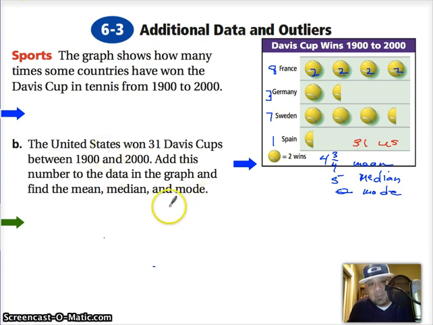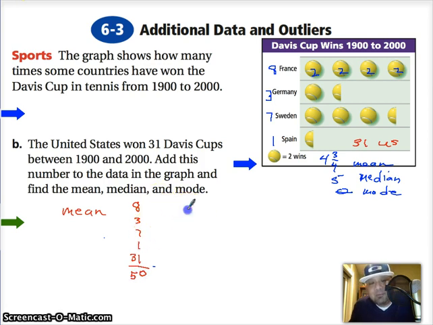Okay, so I'm going to add all these numbers up once again to find the mean. That would be 8 plus 3 plus 7 plus 1, which is 19. And then I'm going to add 31. So 19 plus 1 is 20, so we have a total of 50 here.